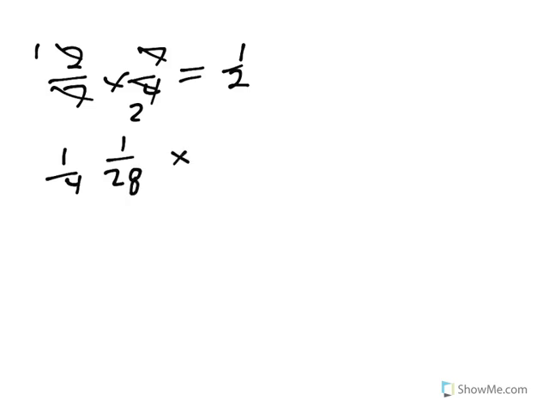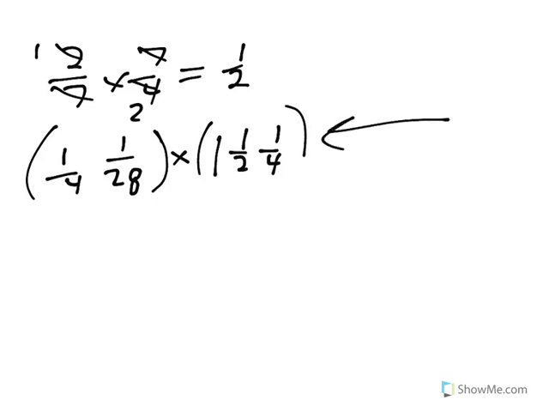And 7/4, which is the same thing as 1 3/4, was written as 1 1/2. That's just how they write the question. I'll put parentheses around it. So this is the way they would phrase that question. And they're going to get 1/2 as their answer also.